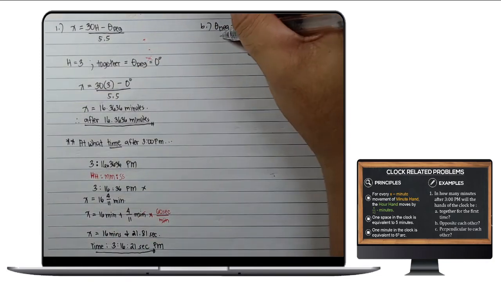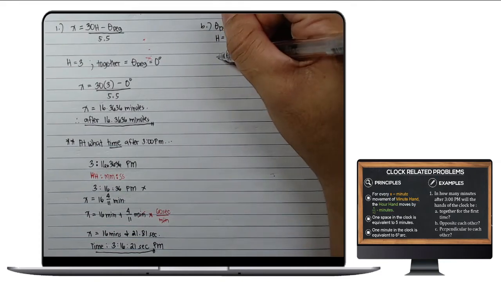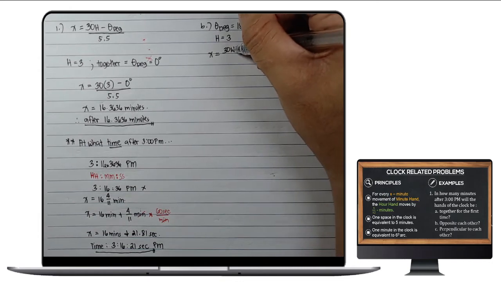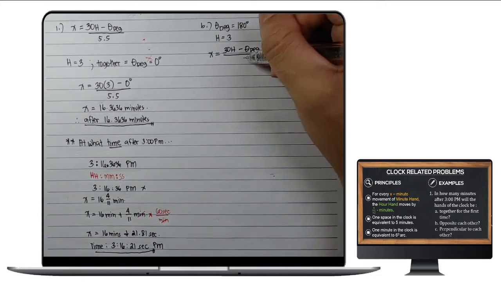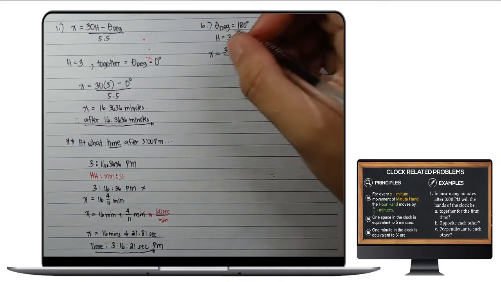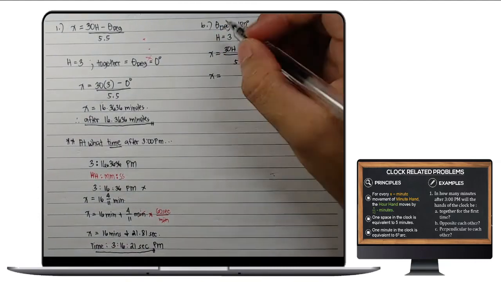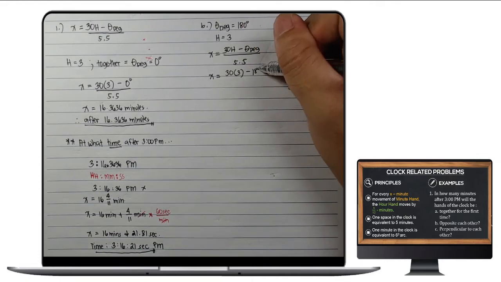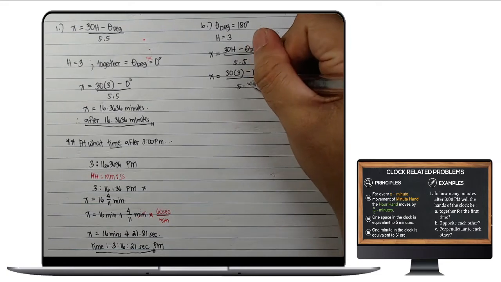So, ganyan pa din, h natin is equal to 3. Okay? So, substitute lang natin. X is equal to 30h minus theta in degrees divided by 5.5. So, x natin is equal to, substitute lang natin, 30 times 3 minus 180 divided by 5.5.